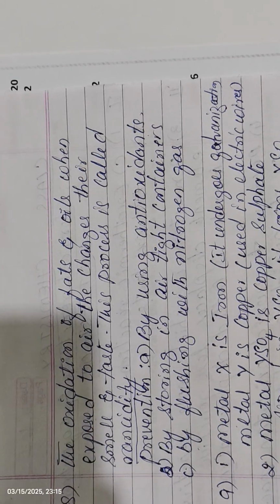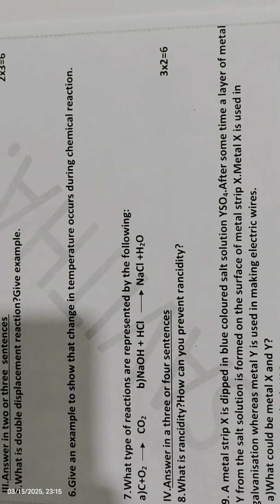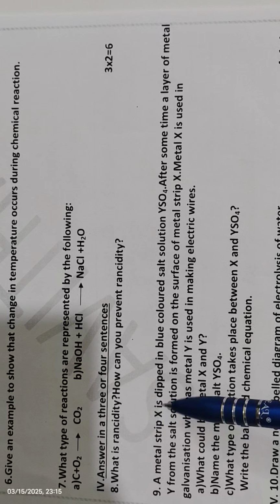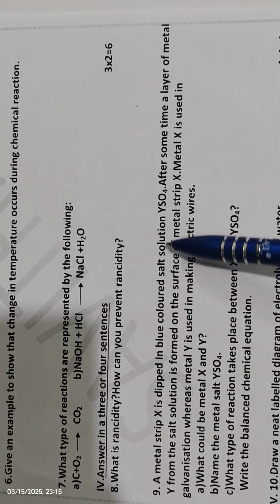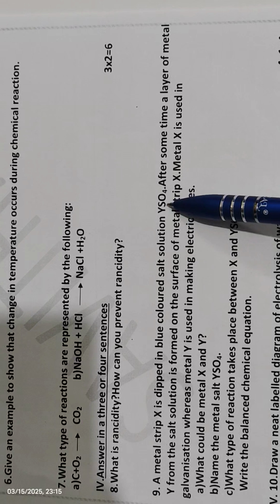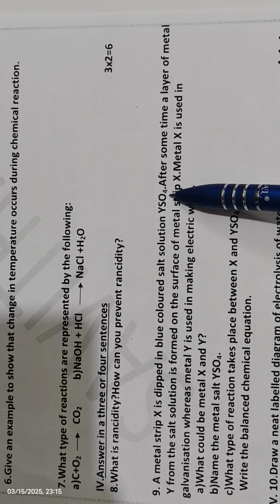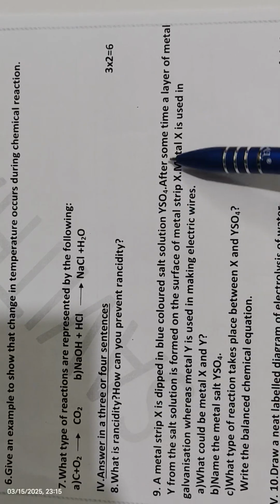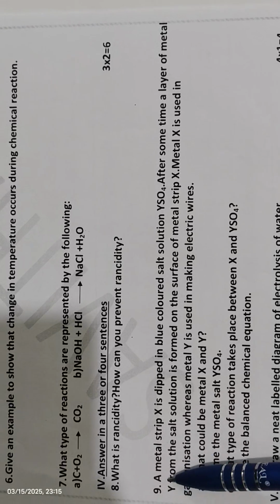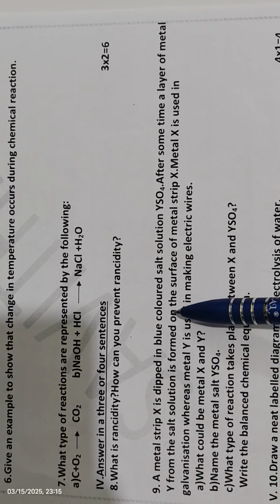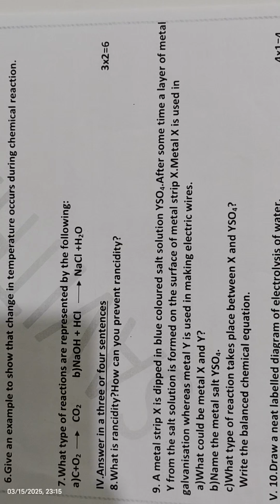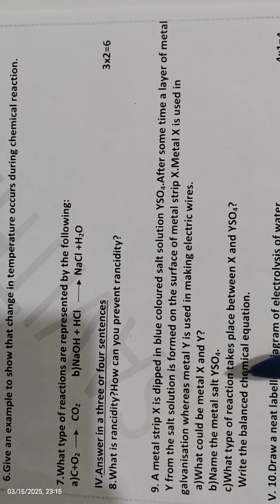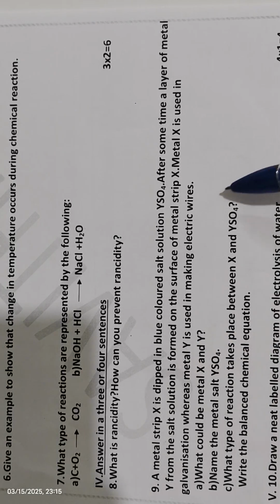So we'll move to the next question, question number 9. Look at the question. A metal strip X is dipped in blue colored salt solution YSO4. After some time, a layer of metal Y is formed on the surface of metal strip X, and a salt solution is formed.